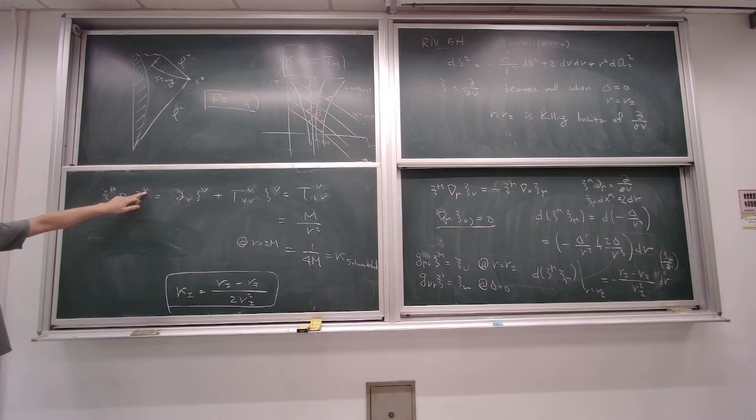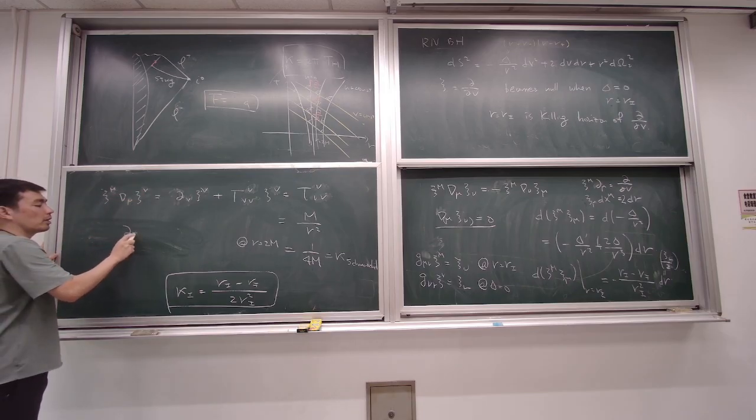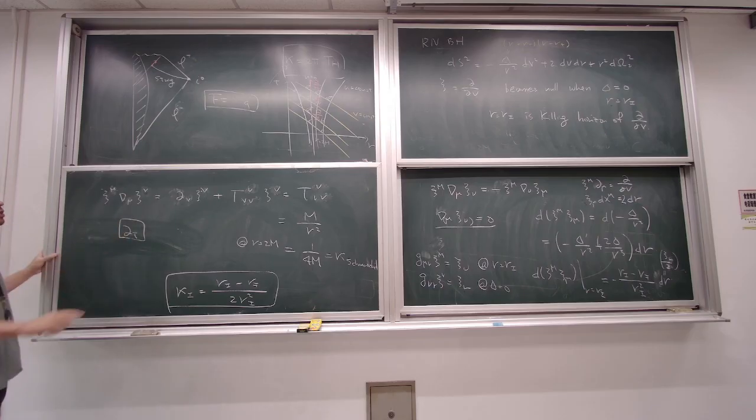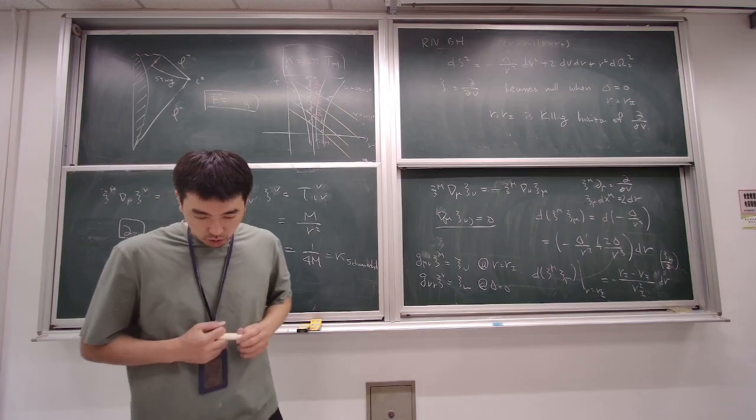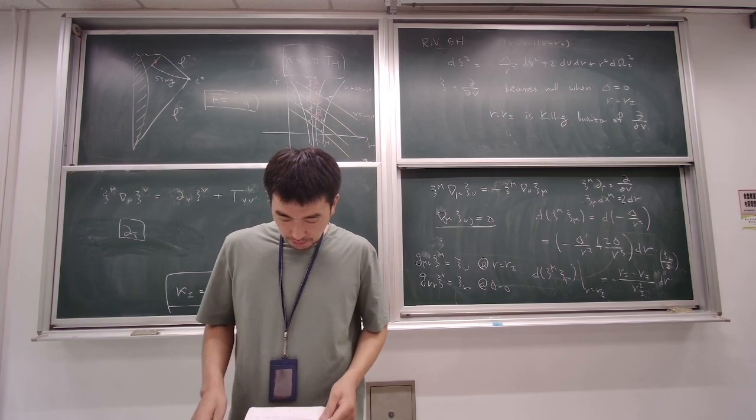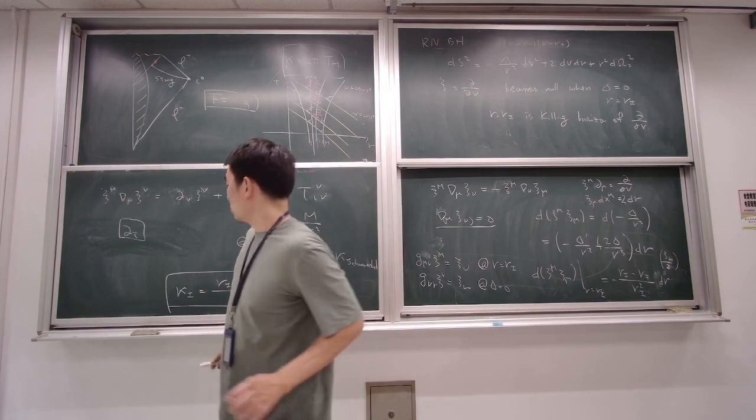But for the usual coordinates, if I use this one, I'm not sure if I can compute like this. I hope this is the case. Let me think. There must be a way to compute the event structure by using the ordinary way, but I'm not sure. I haven't done it yet. But anyway, okay, this is the case.